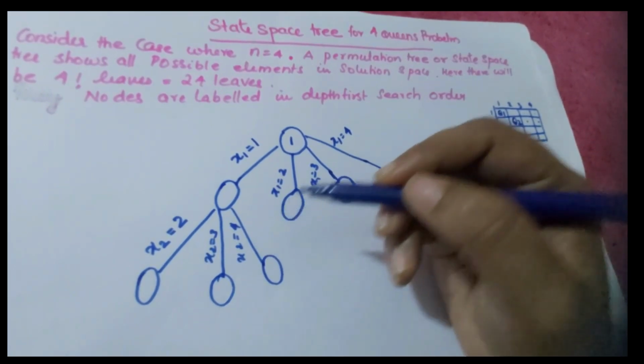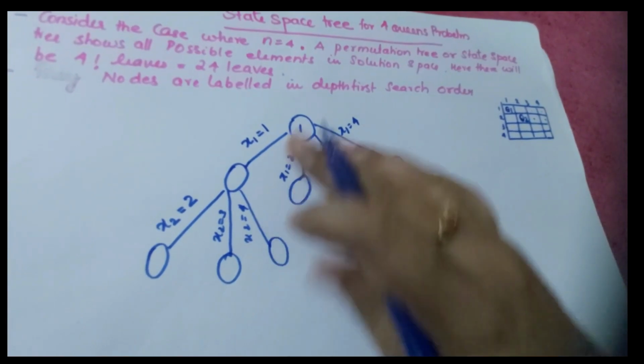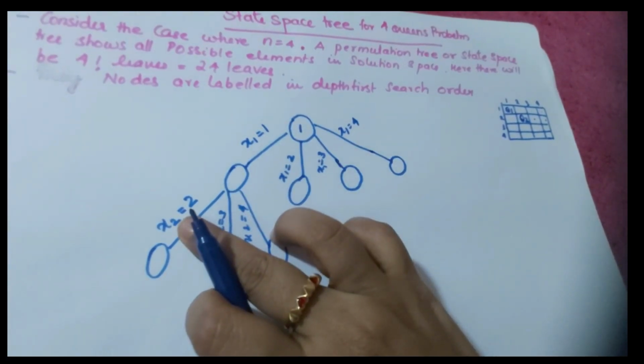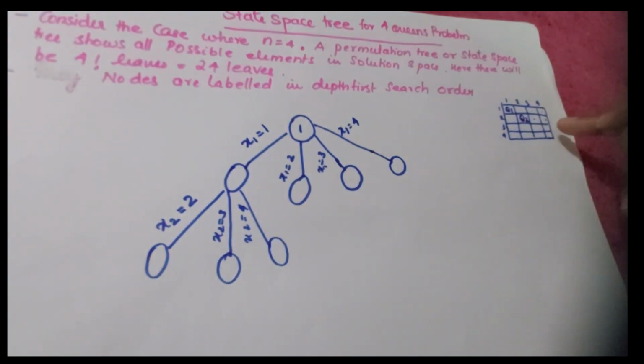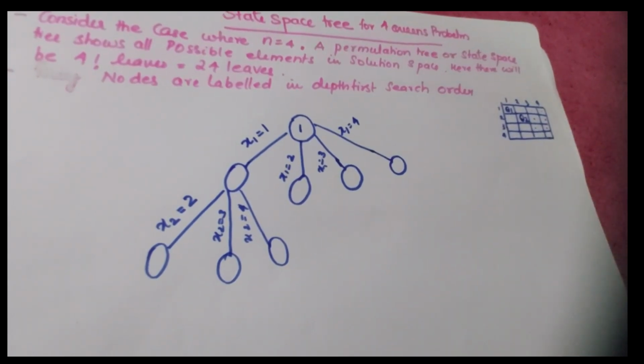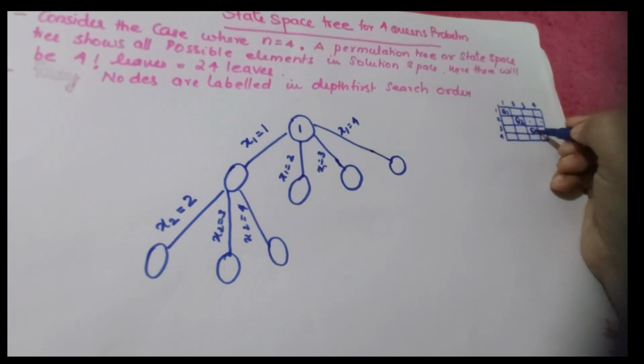Okay. Now we are going to place Q3. So you have placed Q1 here in the first column, Q2 in the second column. Now we are going to place Q3. Now these are the two places you can fill Q3. So I am going to fill Q3 here.